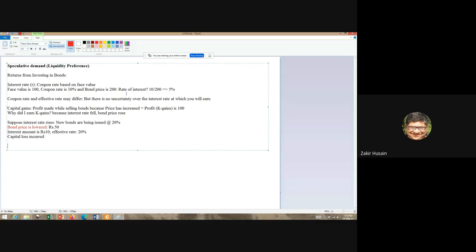What will you do? Will you invest in bonds? Forget about interest rate. Focus on capital gain, capital loss. Suppose you expect price to go up continuously. Will you buy the bond?